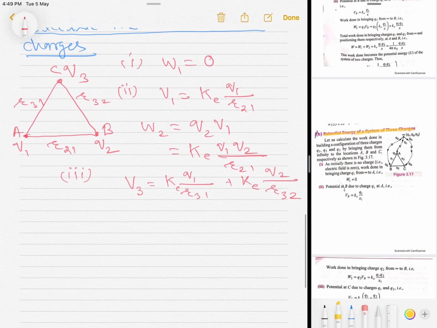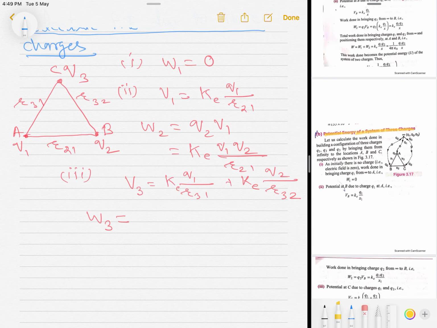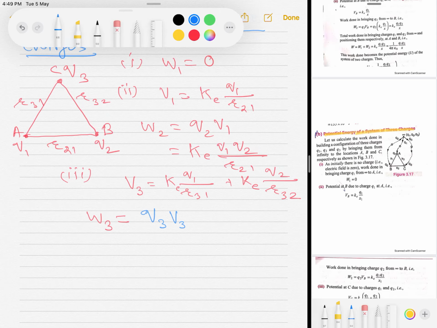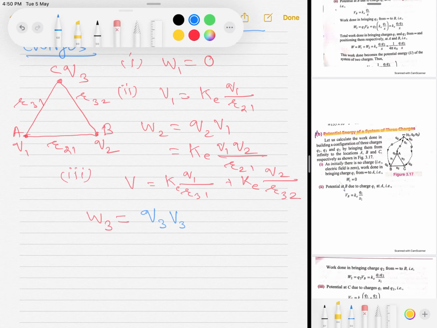So, now work done W3 in bringing the q3 charge from infinity to point C will be q3 V3. In place of V3, you can write V2.